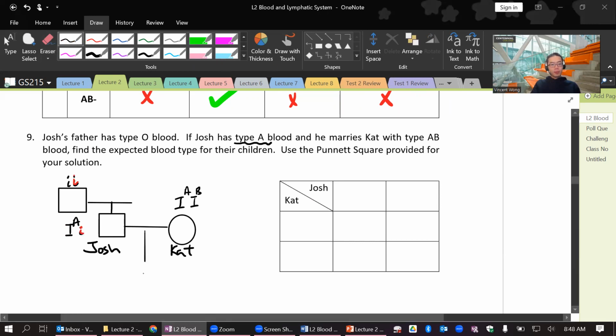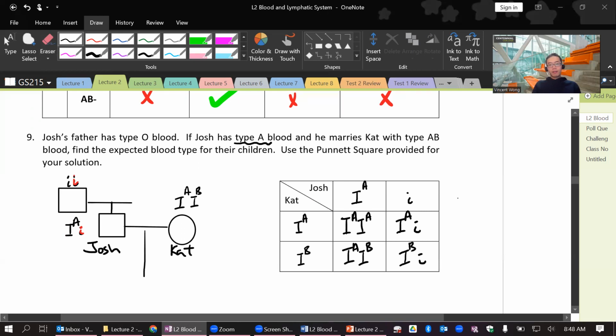Okay, so now they're going to have some kids, and we want to figure out what are the possible outcomes. So Kat is IA-IB. I'm going to put her gametes here. Half of it will have the IA allele, the other half will have the IB allele. As for Josh, he will produce gametes, sperms, that carry either IA or small i. And if you go ahead and combine the Punnett square, you will get this result.